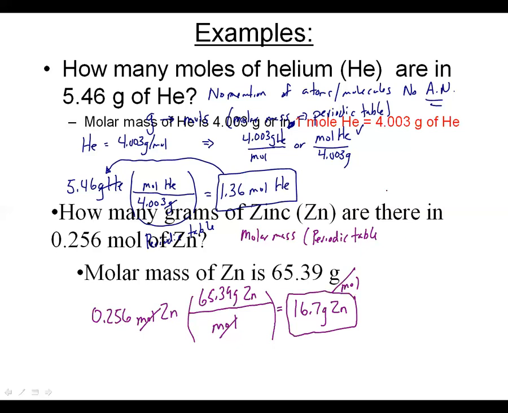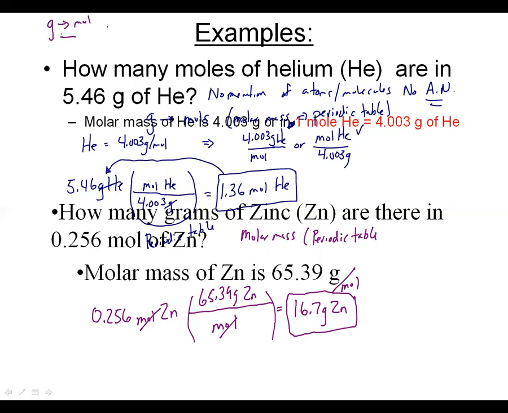So in these first two sort of problems, neither one of them mention anything about atoms or molecules, which means no need for Avogadro's number in any of these. It is just our molar mass, which, a reminder, that is how you go from grams to moles, or backwards.